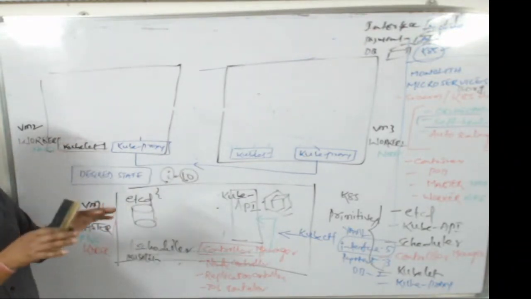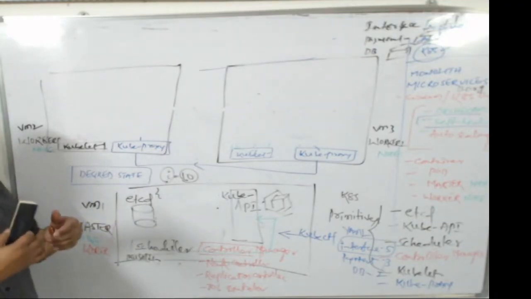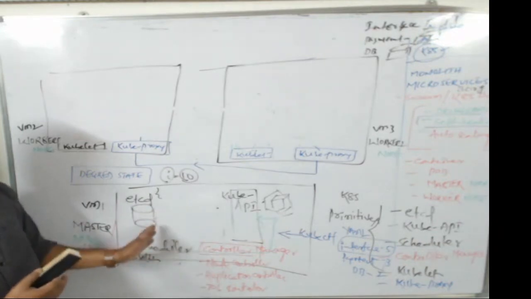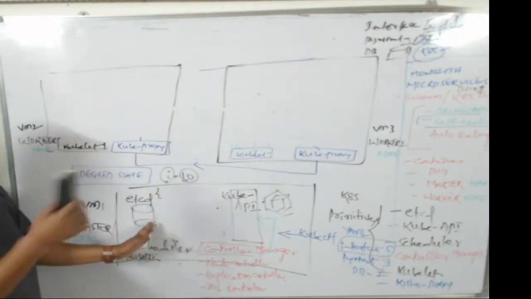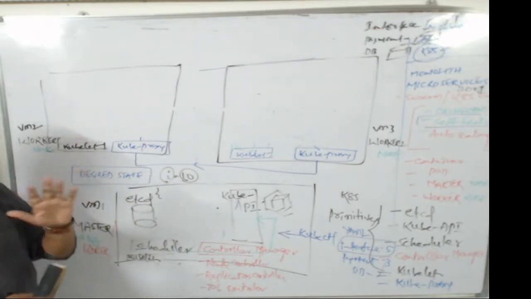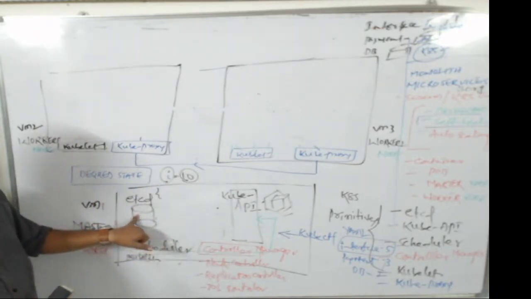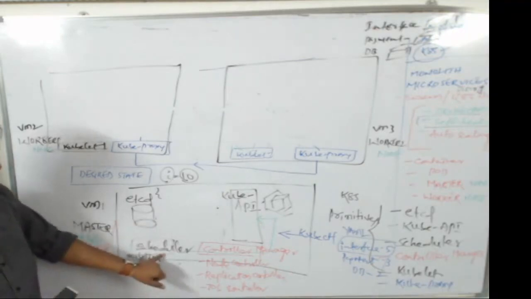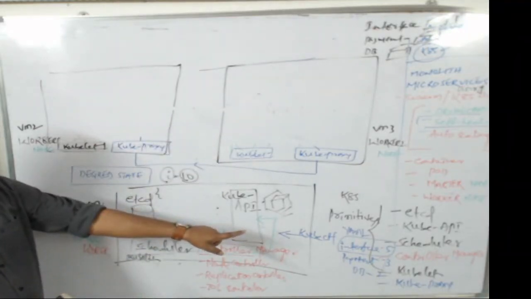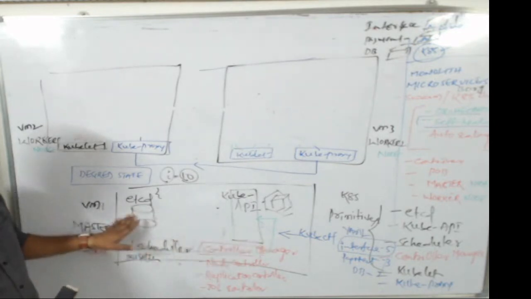Either you are sending through the inbox or you are receiving things from the inbox. So your only mode of communication is the inbox. You're not really talking to anybody, you're not picking up the phone. Nothing like that happens. Everything happens through etcd.